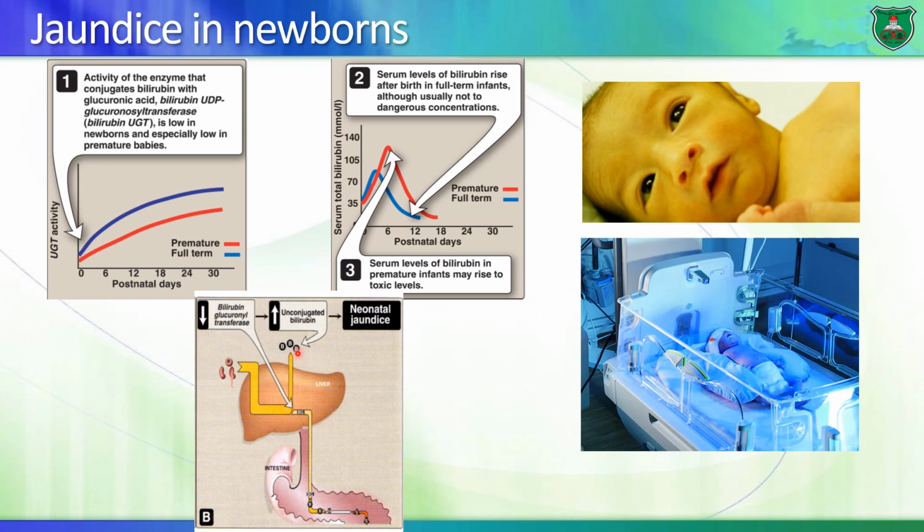It goes into the central nervous system, and it can damage the brain. Now, usually in normal infants, there would be a high concentration of bilirubin, but these high levels are not toxic. But in premature babies, the levels would be very high. They can be very toxic.